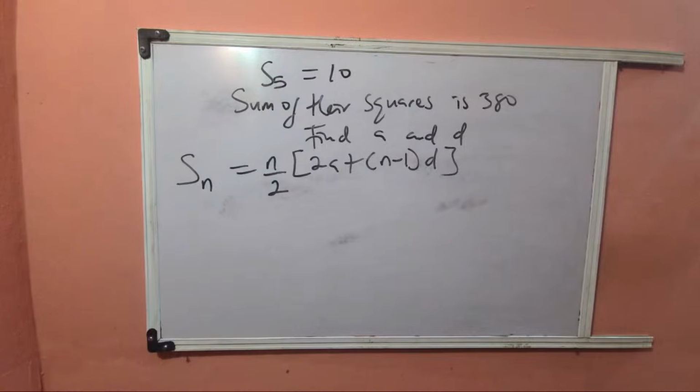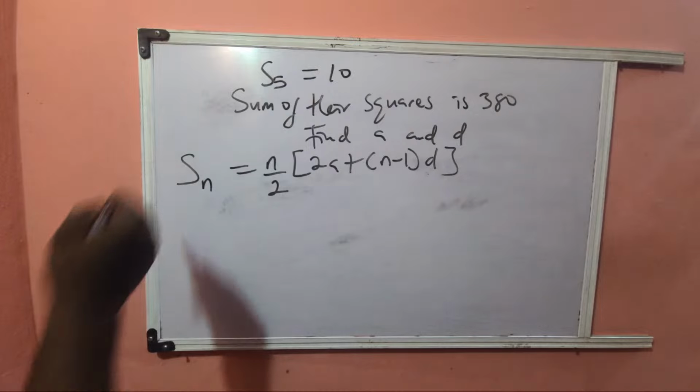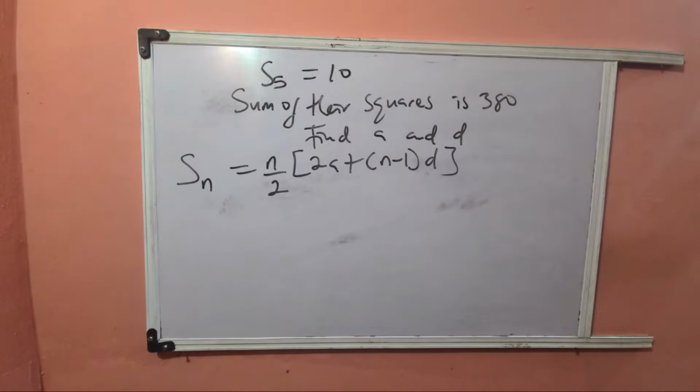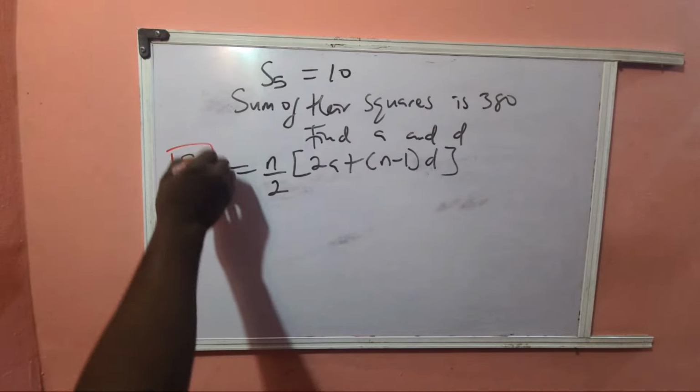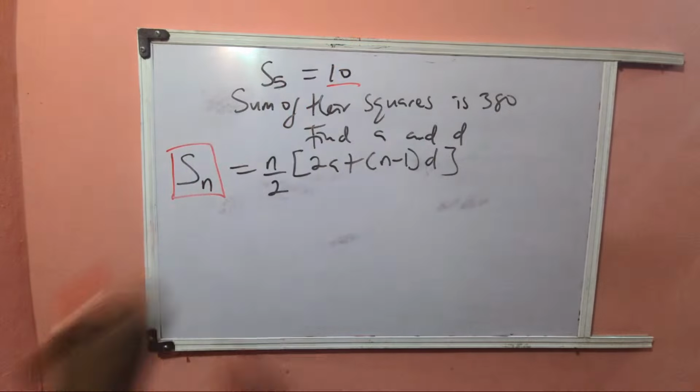Now, don't forget that at the beginning of the question, you were told the sum of 5 terms. That means in this case n was 5, and the result of those sums was 10. So Sn equals 10.